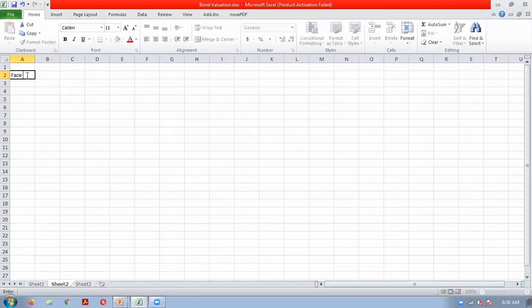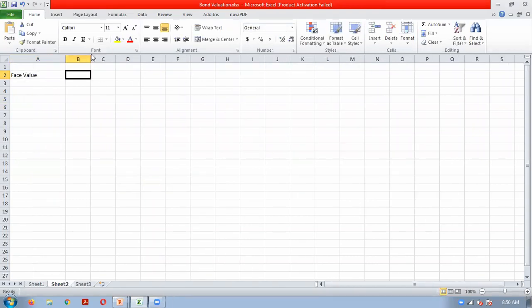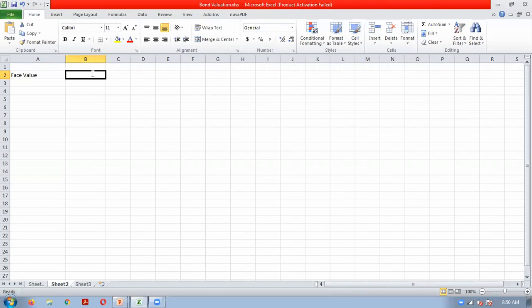Face value, these are the basic details which we are first writing. Face value rupees 1,000. Coupon rate is 14 percentage annual.